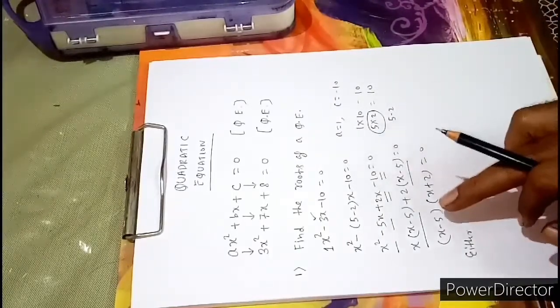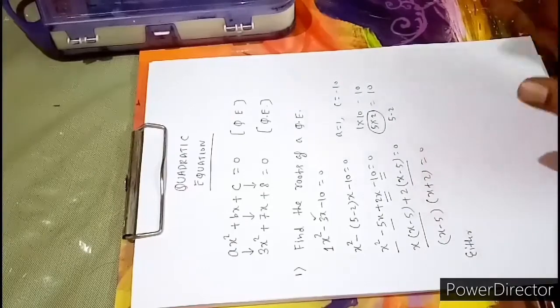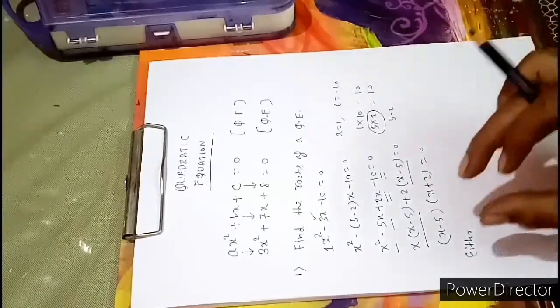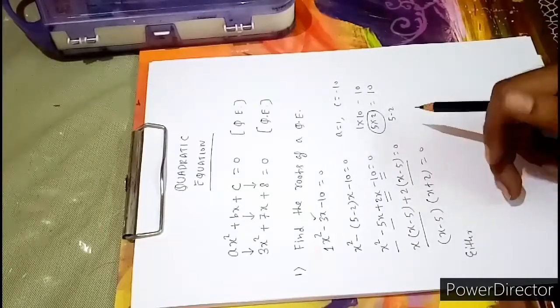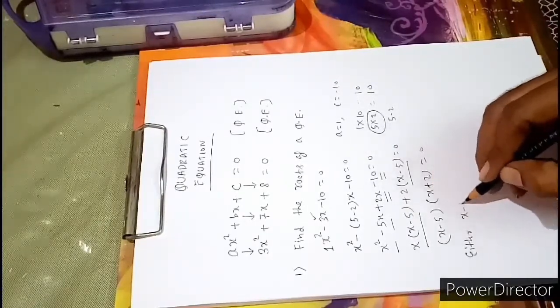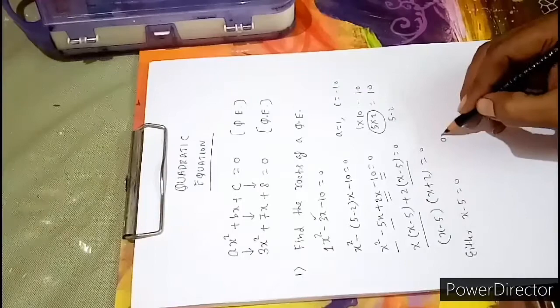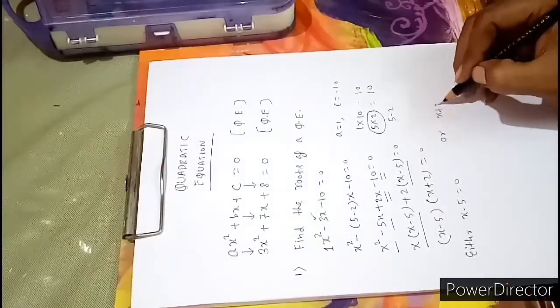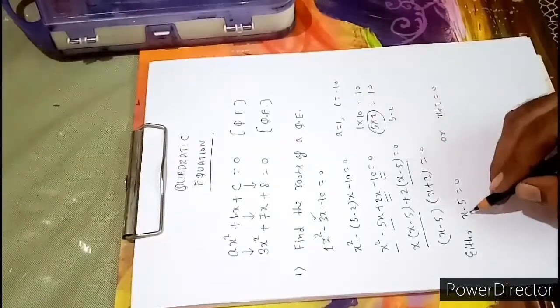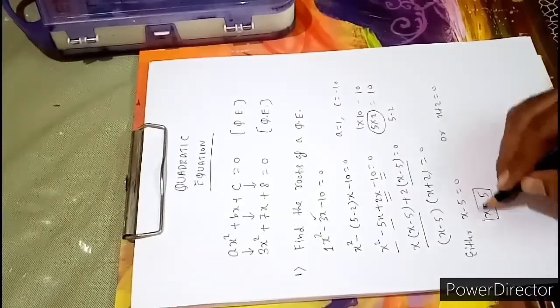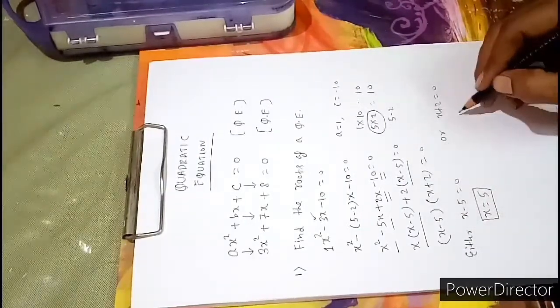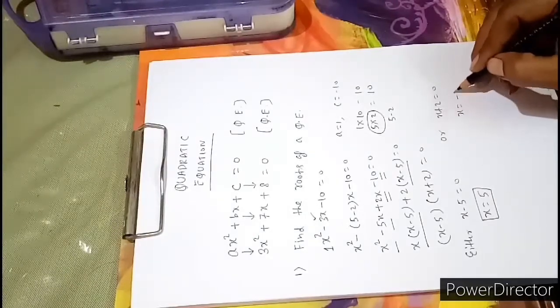Now we can write, see, x minus 5 into x plus 2 is 0. When is this possible? Either x minus 5 will be 0 or x plus 2 will be 0. So we can write either x minus 5 equals 0 or x plus 2 equals 0. If x minus 5 equals 0, we get x equals 5, and if x plus 2 equals 0, we get x equals minus 2.